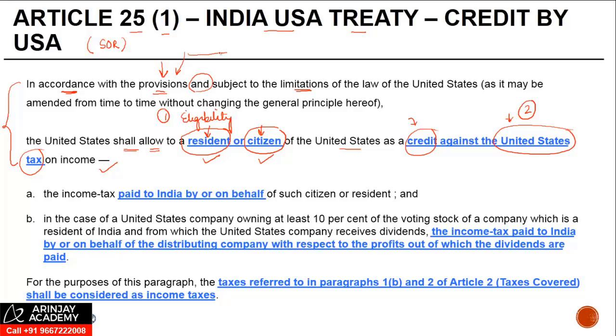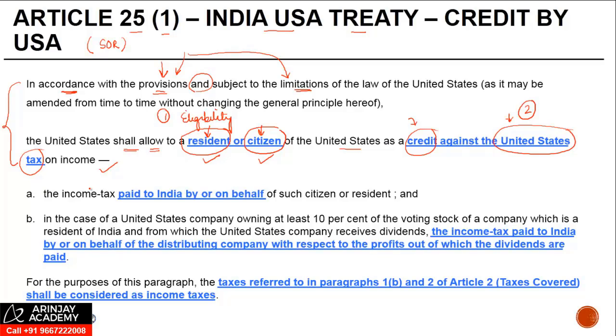If there are limitations on the quantum of credit, those limitations will be applicable. Subject to those provisions and limitations, a US resident or a citizen shall be entitled to the credit against the US taxes on his income of what?